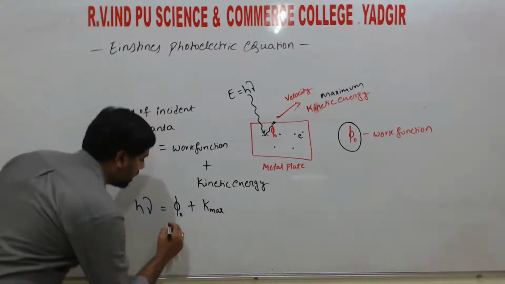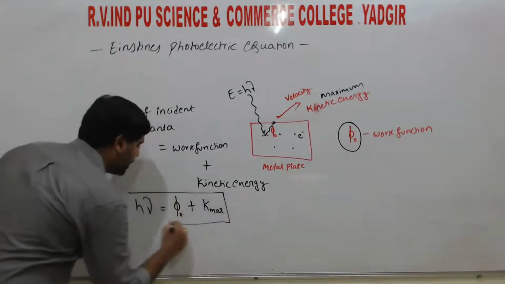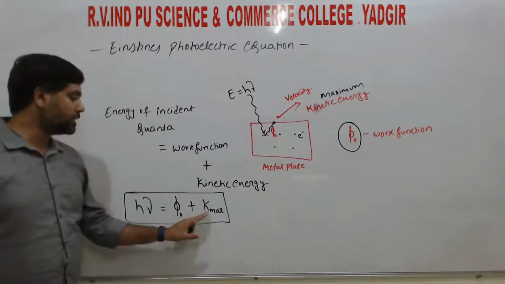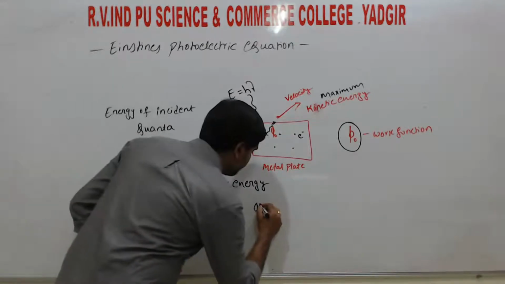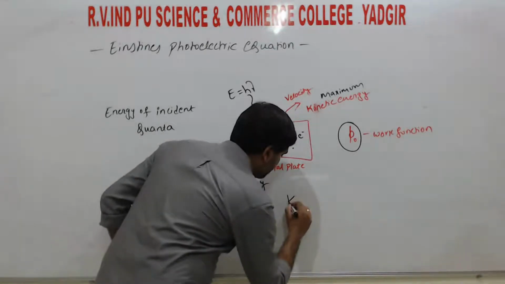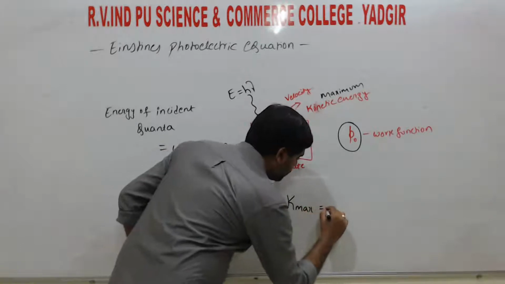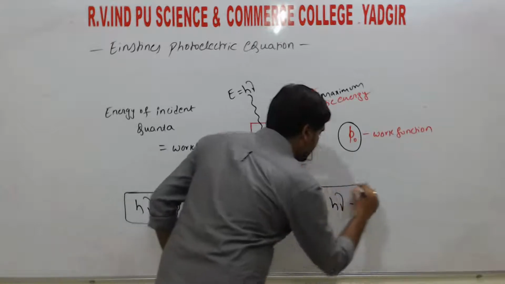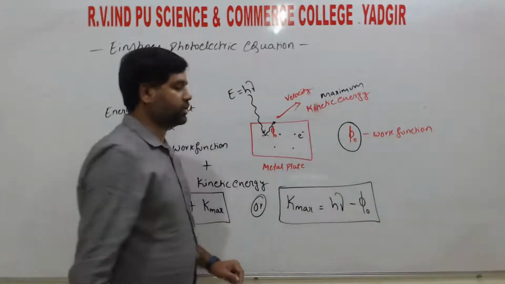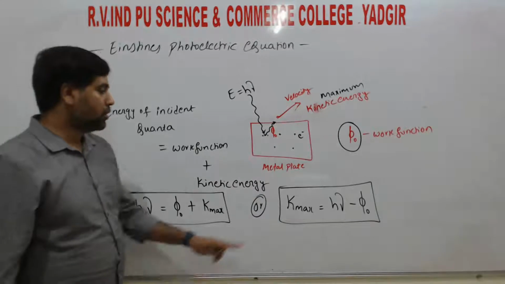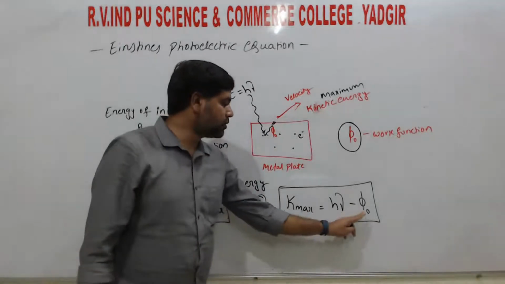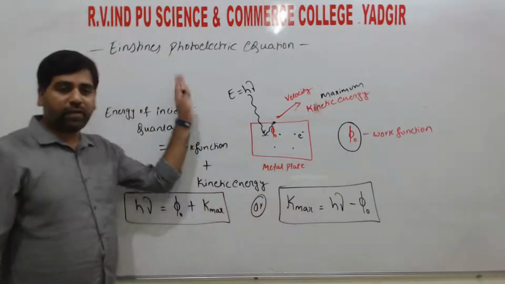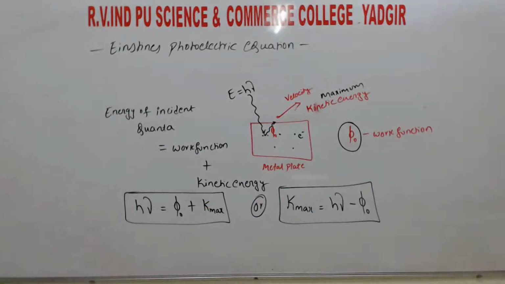So Einstein's photoelectric equation can be written like this: h nu is equal to phi naught plus K maximum, or K maximum is equal to h nu minus phi naught. So this is the photoelectric equation, right? K max is equal to h nu minus phi naught. By using this equation, we can define the photoelectric effect.